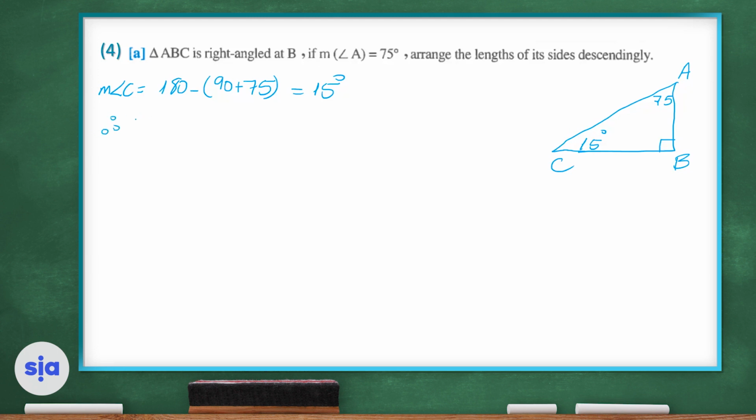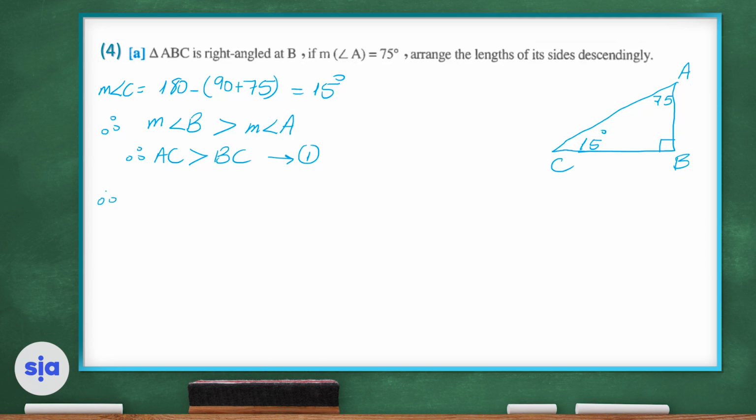Therefore, the measure of angle B is greater than the measure of angle A. So, AC is greater than BC. And this is, we call it inequality number 1.